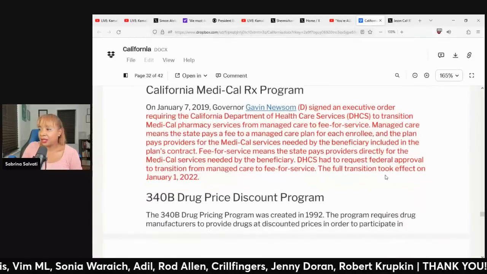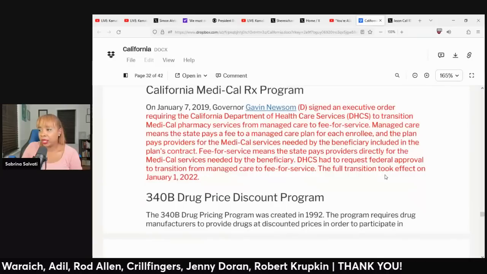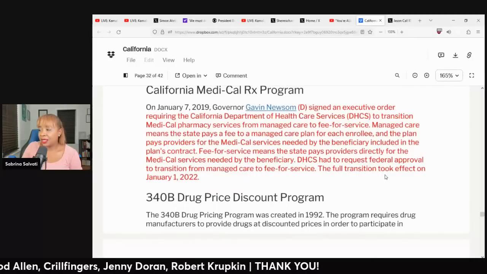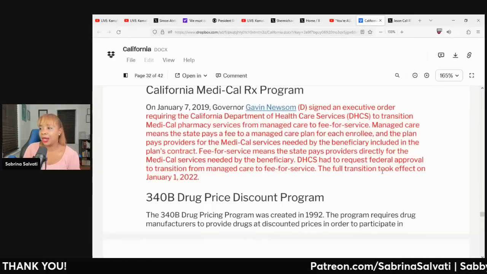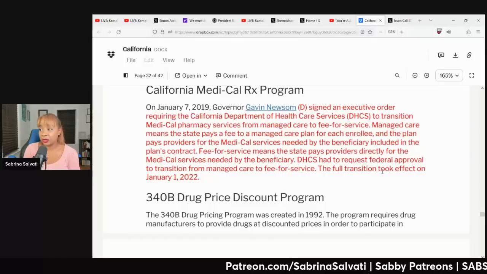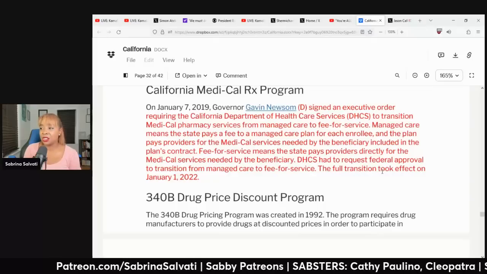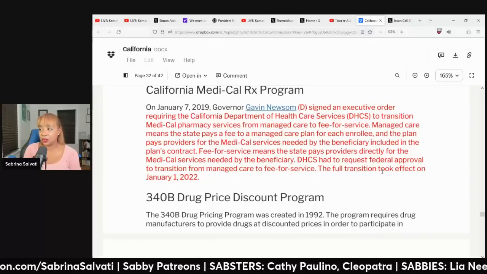I've talked about the Medi-Cal RX program on here before, but I think this is important. It talks about what Gavin Newsom did. In 2019, he signed an executive order requiring the California Department of Health Care Services to transition Medi-Cal pharmacy services from managed care to fee for service.